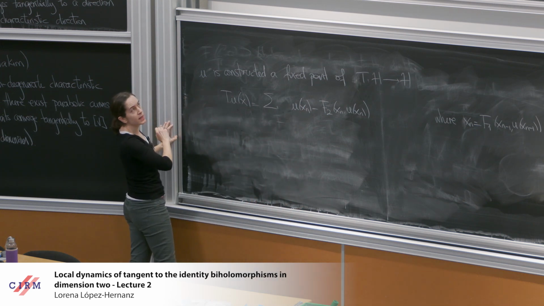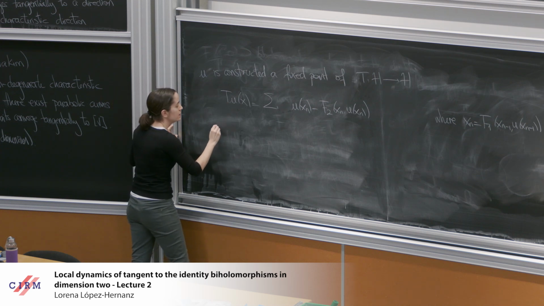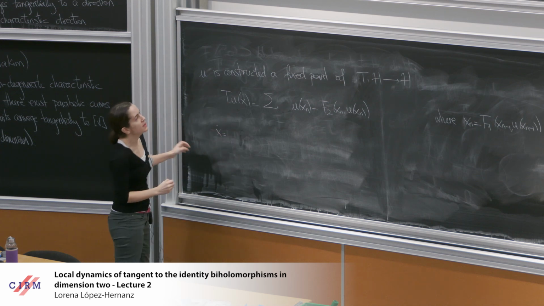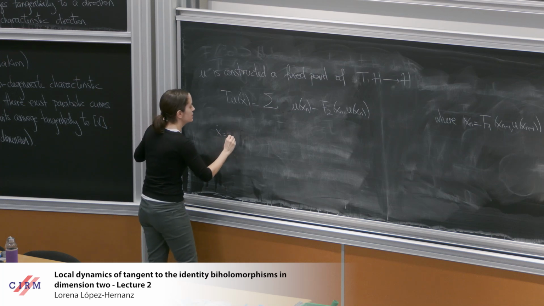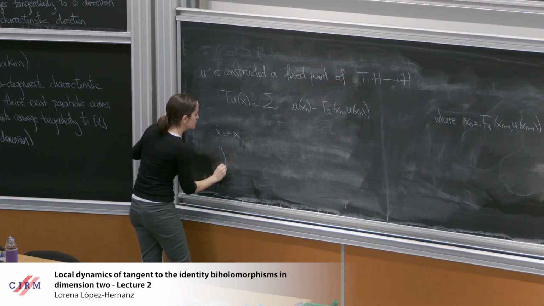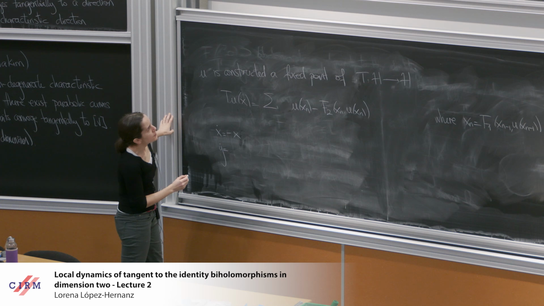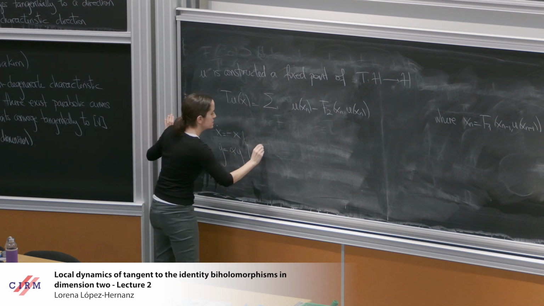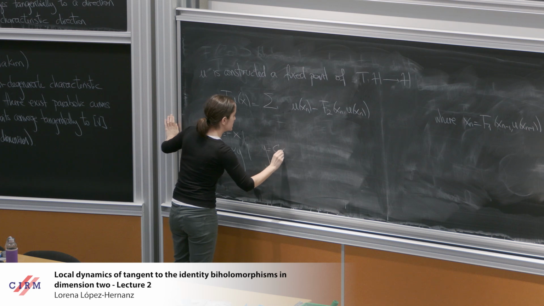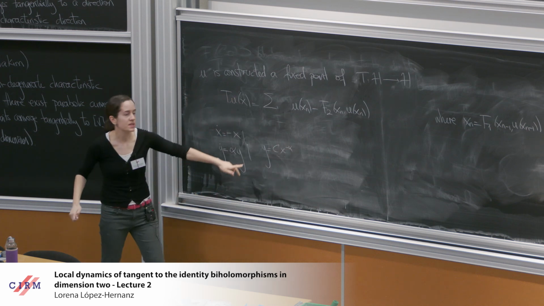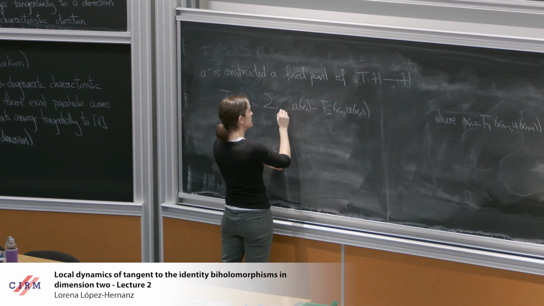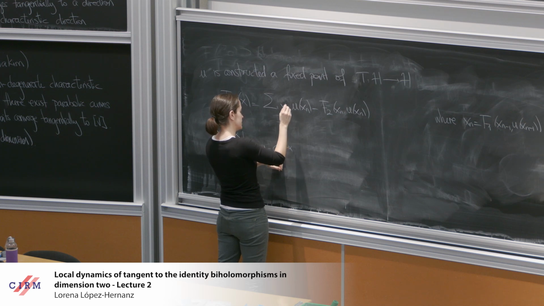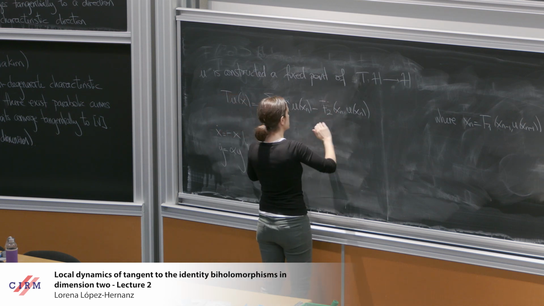The map F is very close to the orbits of this equation, alpha y. So y is x to the minus alpha. So with this factor alpha, here you put x to the alpha minus.